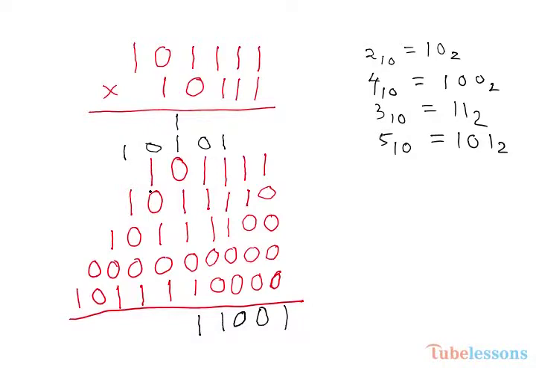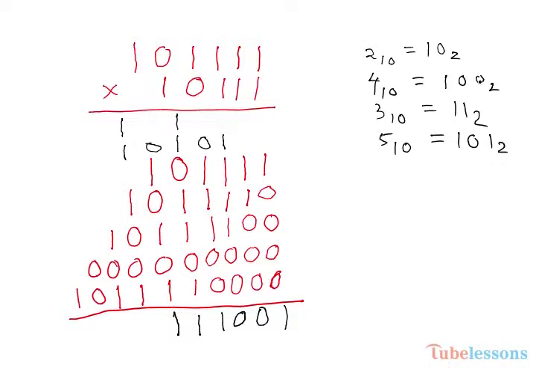Now 1 plus 1 is 2, 2 plus 1 is 3. 3 is equivalent to binary 11. So let's put that 1 here and this one will be carried forward to here. 1 plus 1 is 2, 2 plus 1 is 3, 3 plus 1 is 4. 4 is equivalent to binary 100.